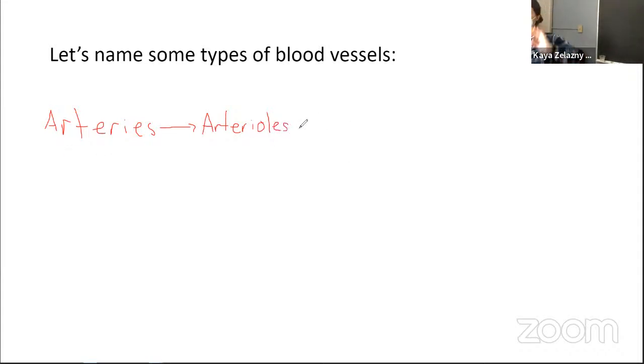Both of these are flowing away from the heart. What are we getting into next? Capillary bed. Okay. And now we're going to start our return to the heart. So what comes next? Yep, venules. And then veins. Yep. And then we're going to return to our right atria.